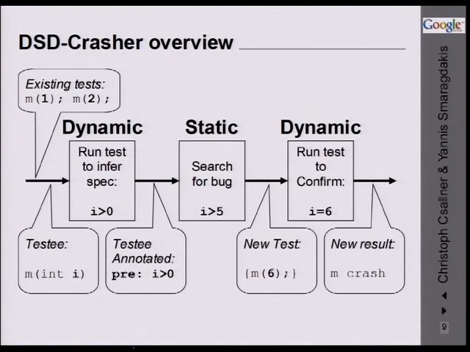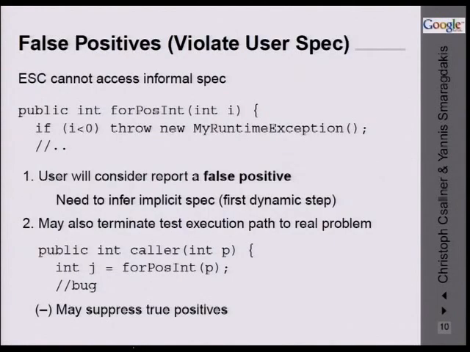But then there's also the other kind of false positive, where I would say it's a harder kind of false positive, where the tool just cannot access the semantics, the specification, of your program. So for example, here we have another method, and the method is called forPosInt.